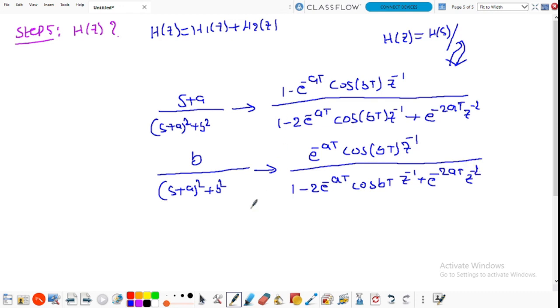So using these two mapping formulas, calculate H1 of z and H2 of z.